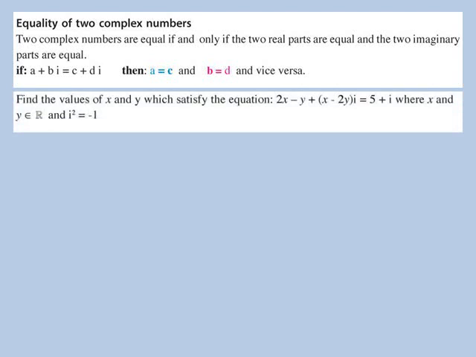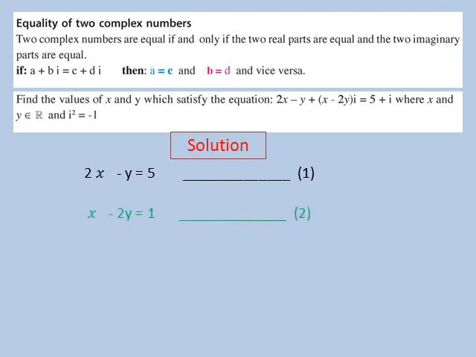Example, find the values of x and y which satisfy the equation, where x and y are real numbers and i power 2 equals negative 1. We will make equality about real parts. So 2x minus y will equal 5, and x minus 2y, which is the imaginary part, will equal 1.